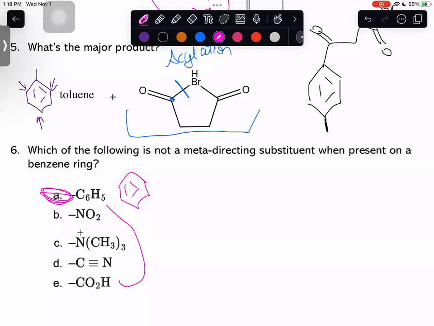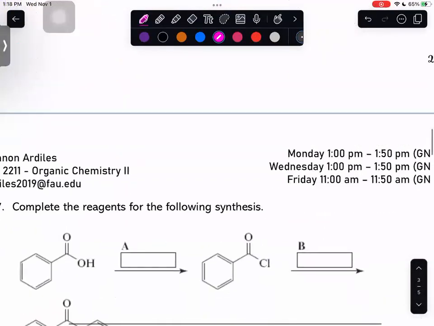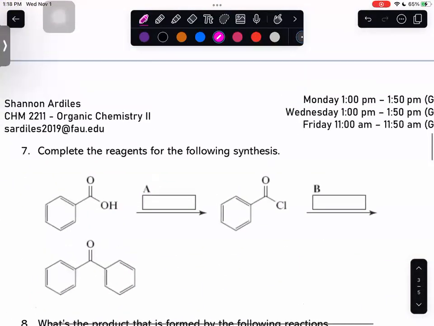So far, questions? Okay, next reaction. Multi-step synthesis. Give me the reagents.